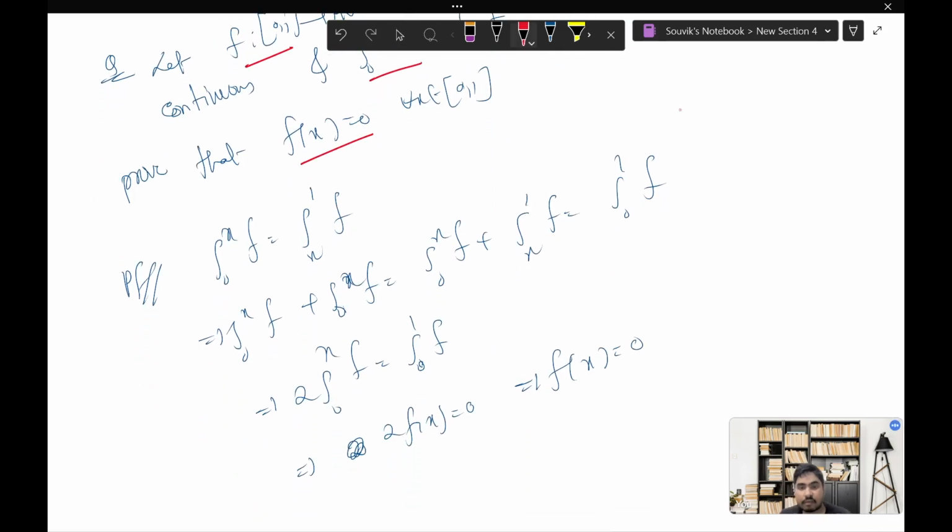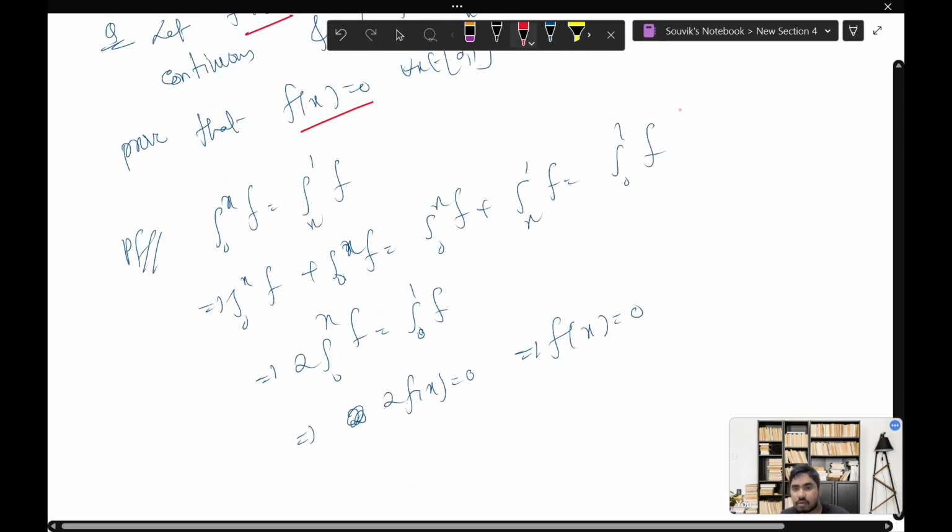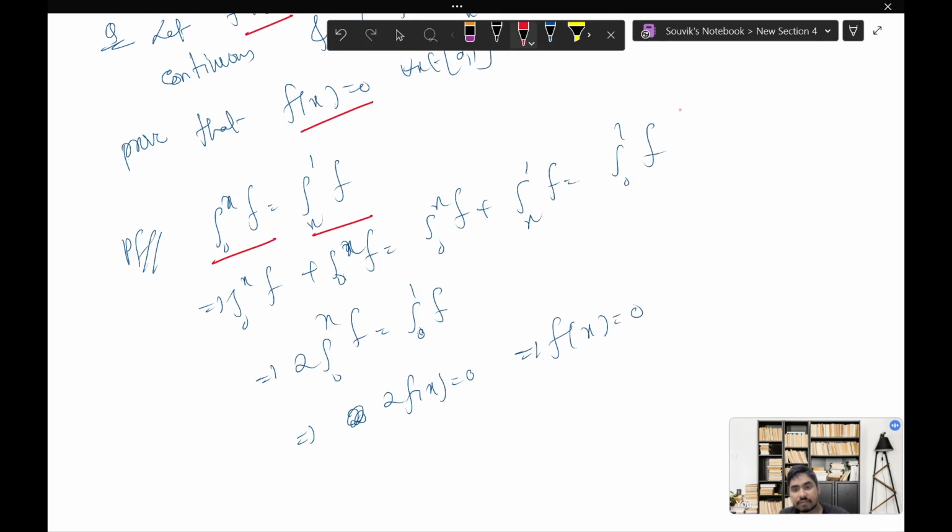So first we write the integral from 0 to x of f equal to the integral from x to 1 of f. Adding the integral from 0 to x of f to both sides, we get 2 times the integral from 0 to x of f is equal to the integral from 0 to 1 of f. Since the right side is a constant, this implies f equal to 0.